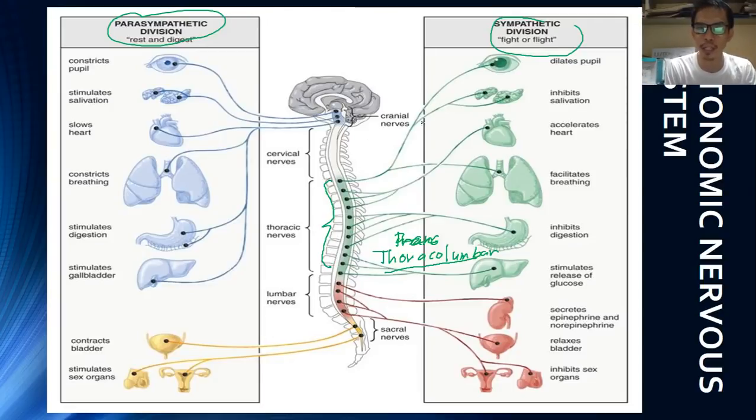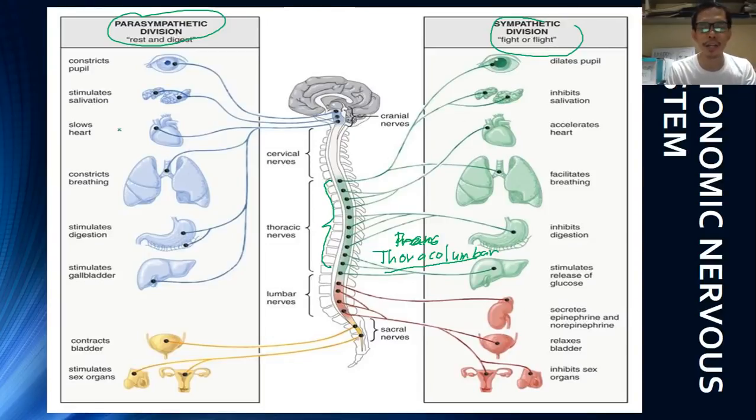The nerves are connected to the eyes, to some endocrine organs, the heart, the lungs, the stomach, the liver, and also the adrenal glands over here. Then we have the bladder, and also some reproductive organs. So these are what they call your sympathetic division.